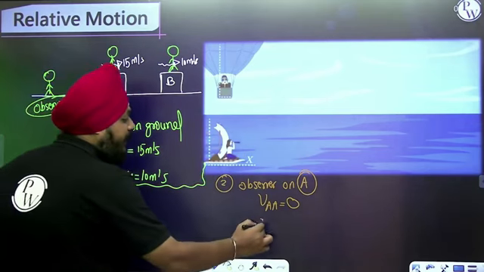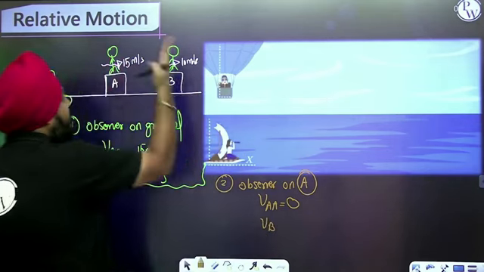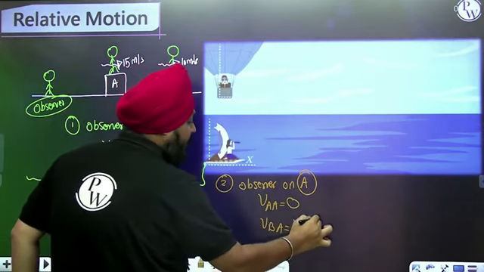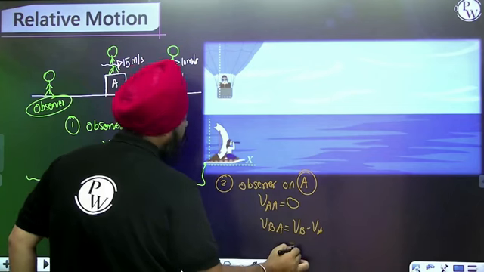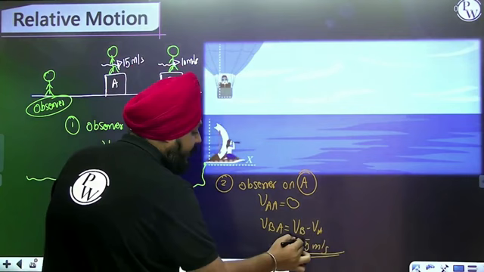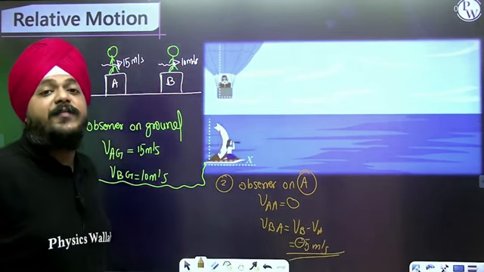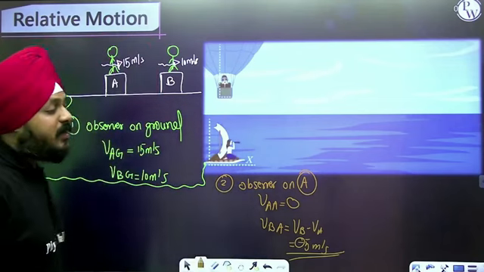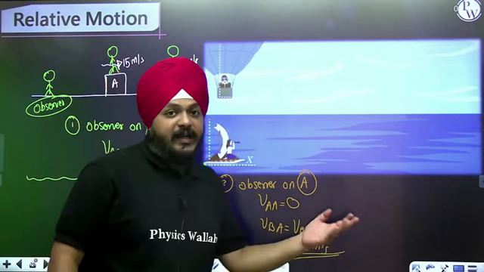What is the velocity of B with respect to A? It is VB minus VA, equal to 10 minus 15, which is negative 5 meters per second. What does this negative sign indicate?